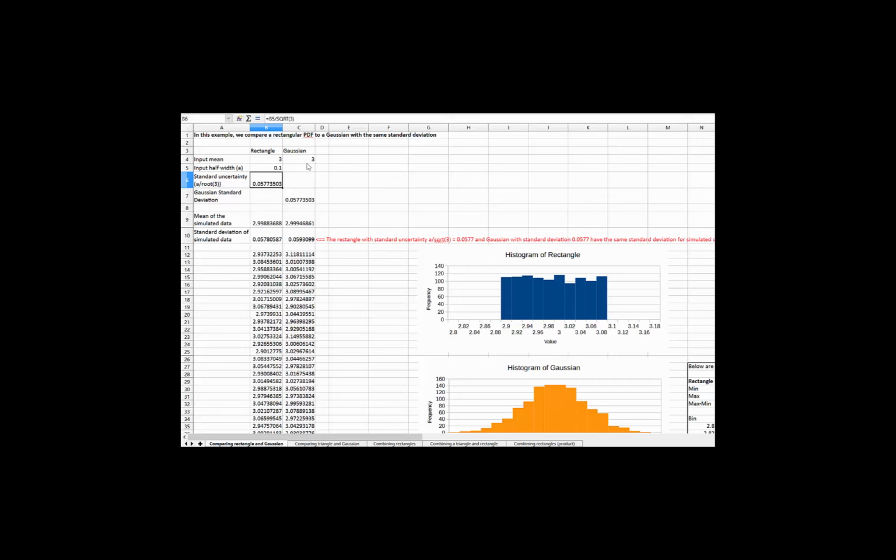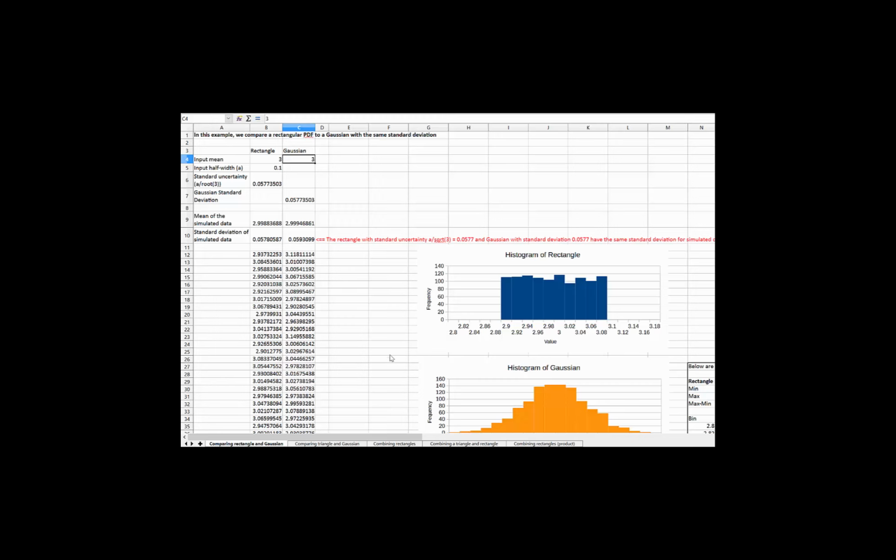Now, if I also simulate a Gaussian that has that same standard uncertainty, I also get something with a mean of 3 and a standard deviation of 0.05, not 7, just because the random numbers change every time you change something a little bit, but these are close enough to believe that they're effectively the same.